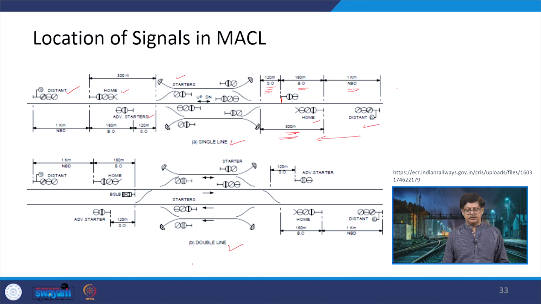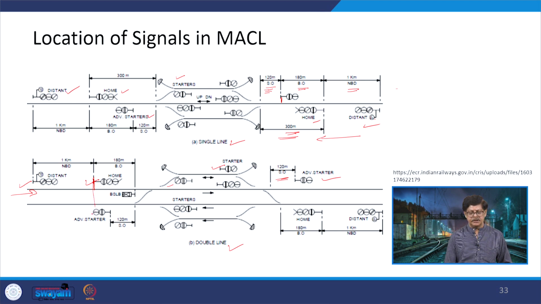Similarly, in the other case, when you are talking about a double one, it is a distant here, then home, and then it is showing which particular loop lines need to be taken. So, there is a starter here now finally, and with that there is an advanced starter. The advanced starter is being provided at a distance of 120 meters, and this is again a station overlap area, whereas if you are coming from this direction, there is a distant one which is at 1 kilometer in a non-block overlap area, and in the case of home at this point, say there is a station overlap.